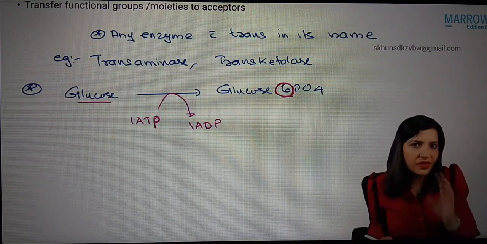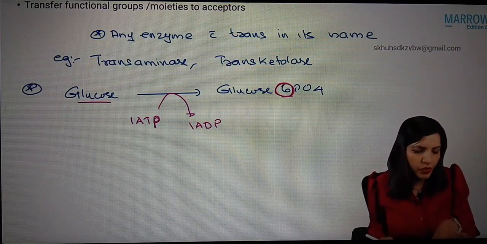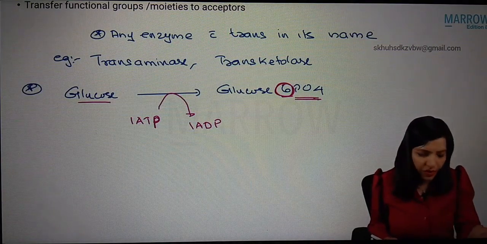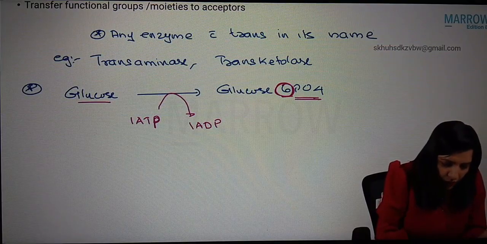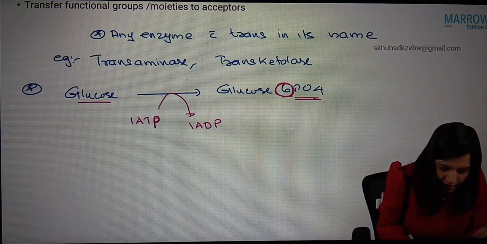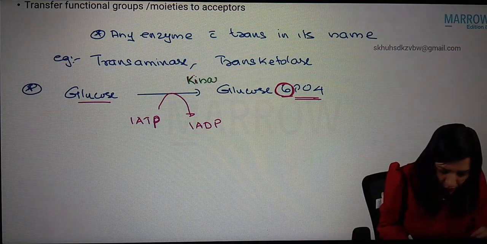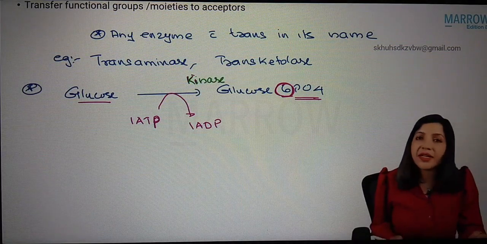We know that glucose has 6 carbon atoms. So the sixth position of the glucose is getting phosphorylated using ATP as the donor. Whenever transfer of phosphate is involved, we call that enzyme a kinase.